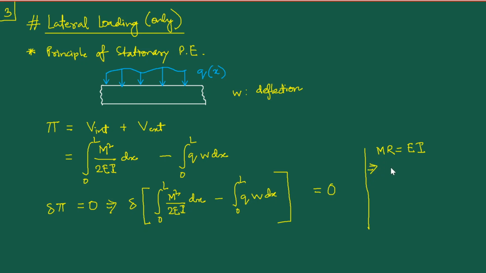So this M is basically EI by R. Okay, now this R here, this radius of curvature, it can be written down in terms of the deflection like this.